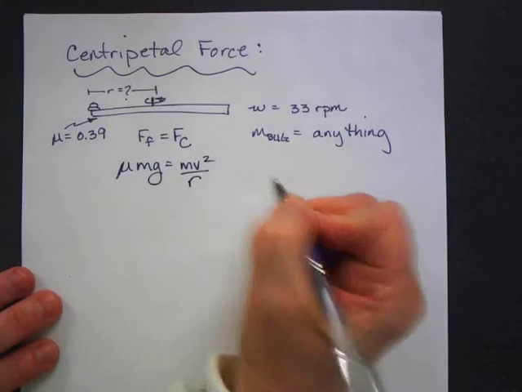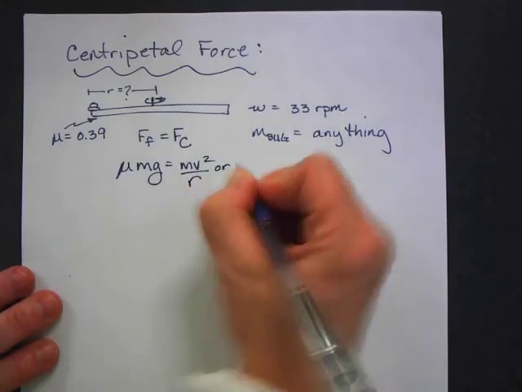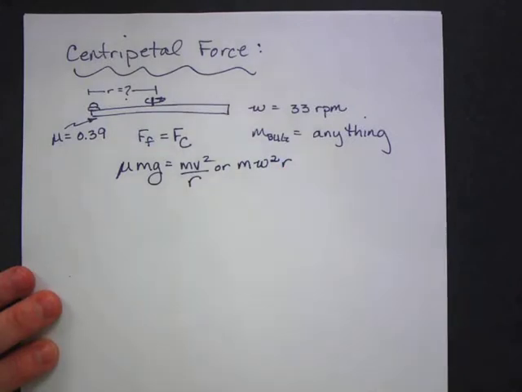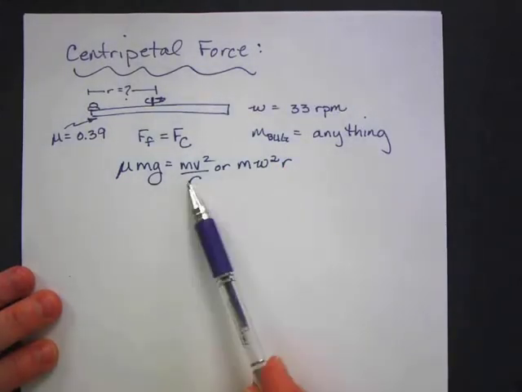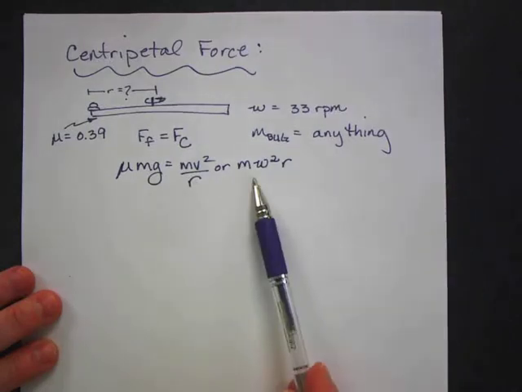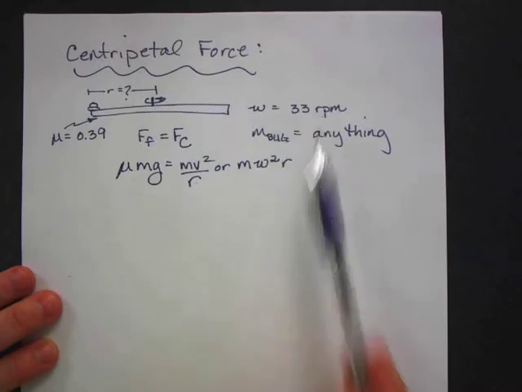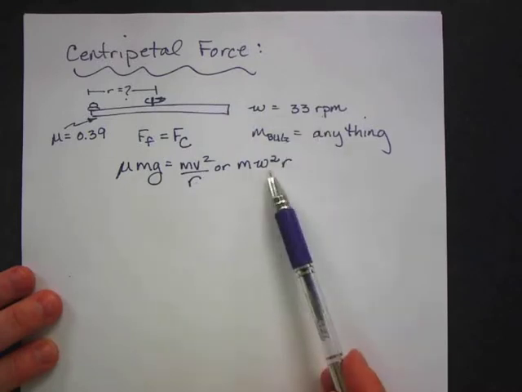Centripetal force is either mv squared over r or m omega squared times r. Which of these two centripetal force equations would be the easier one to use in this particular example? Yeah, the one with omega in it, because it's going to be easier to convert RPMs into standard metric units for angular.